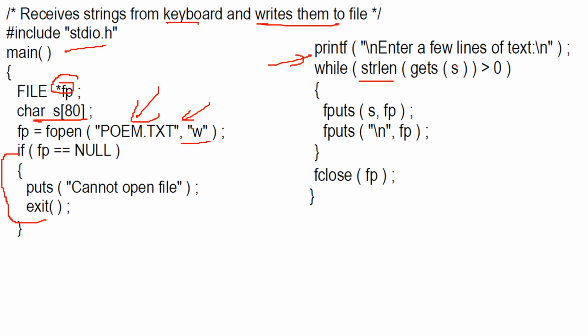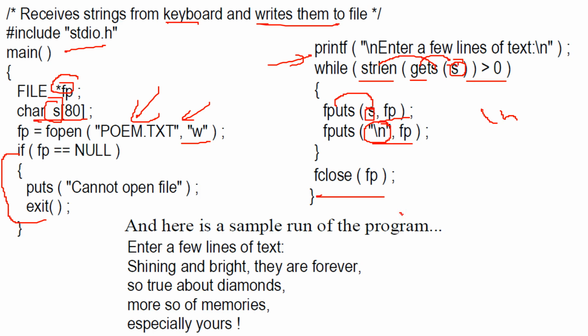The gets function fills the string s, and we find out the string length. When it is greater than 0, that means something was given by the keyboard; we don't want it to be 0. If it is there, we put the string into the file, and after that we have to put a \n for fp, and then we close the fp.